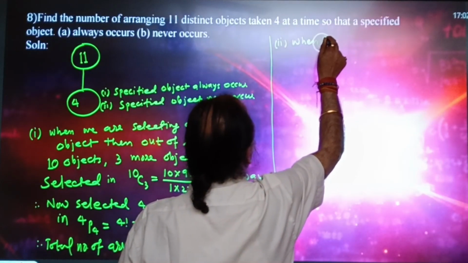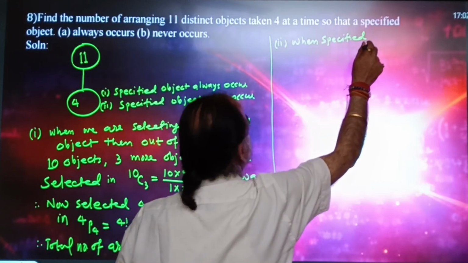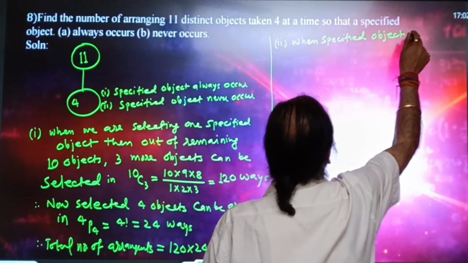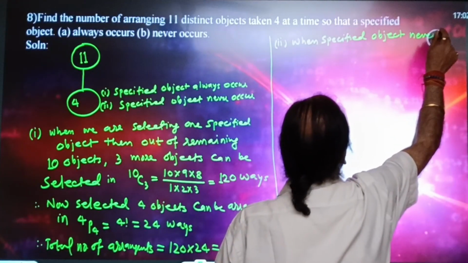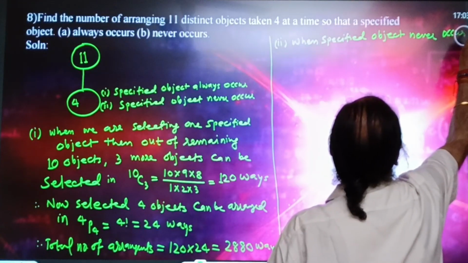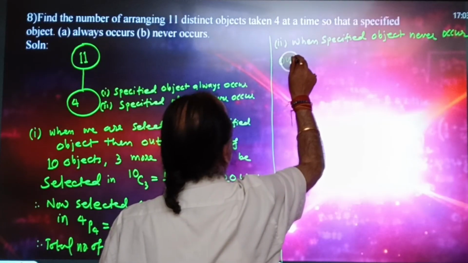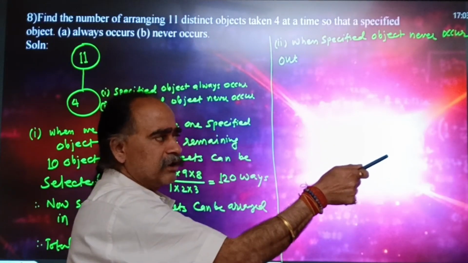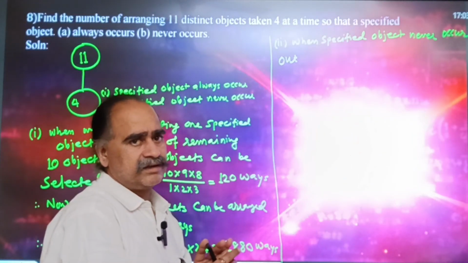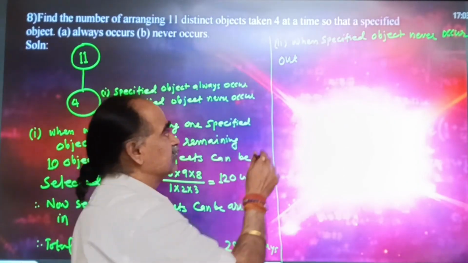When a specified object never occurs, that means out of 11 objects, we are removing one object. We don't want that. Out of remaining 10 objects, 4 objects can be selected in.